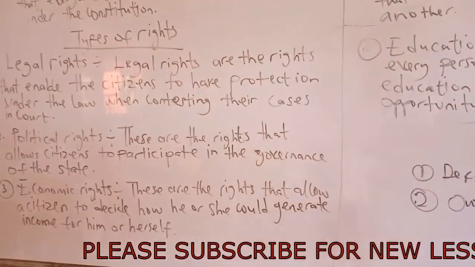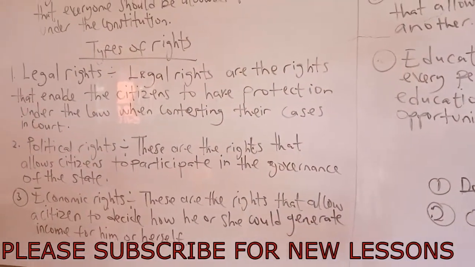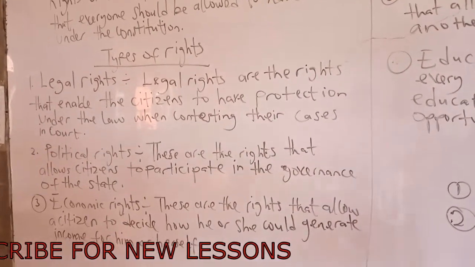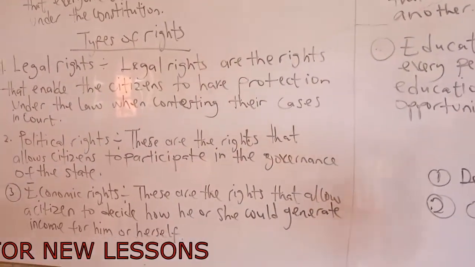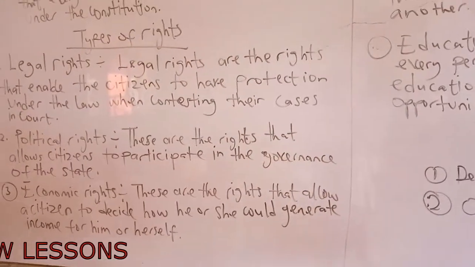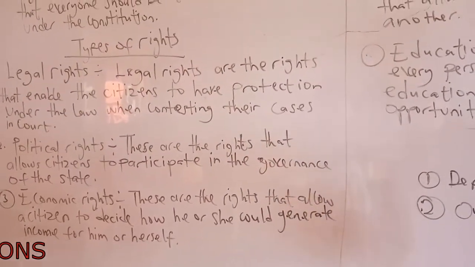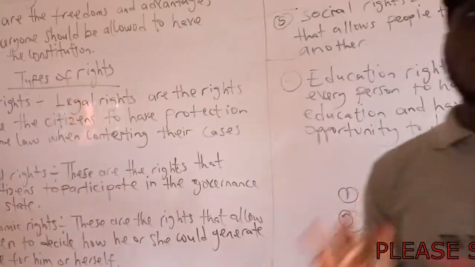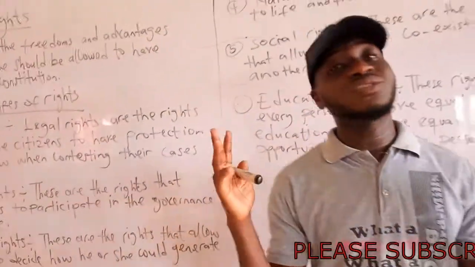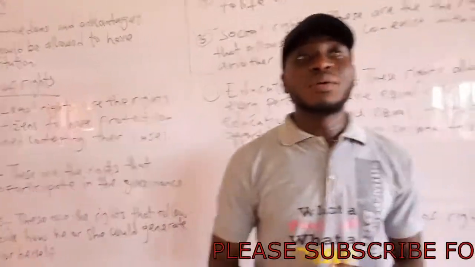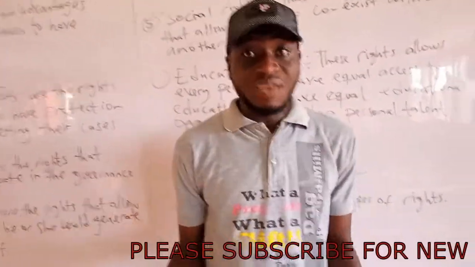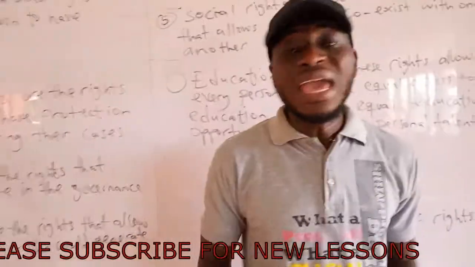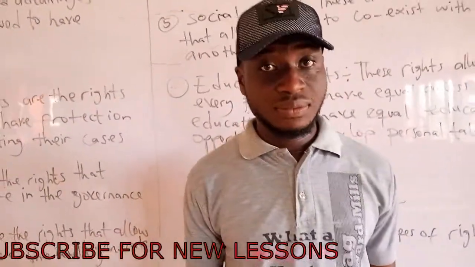Now let's continue. The next one is economic rights. These are the rights that allow a citizen to decide how he or she could generate income for himself or herself. So the economic right is the right that deals with your work. You have the right to work and to do any genuine work.